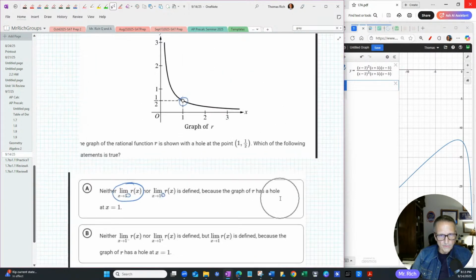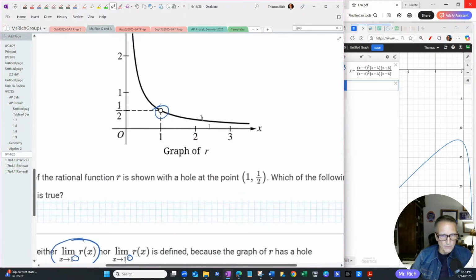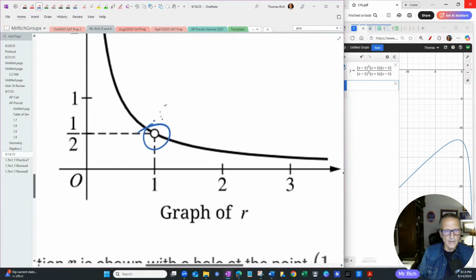Now it says neither of those limits is defined. Now I can tell you that's false. One of the things that we know is that when we take a look at this, the limit as x approaches 1 from the right, this function is called r of x. So we'll say the limit of r of x.